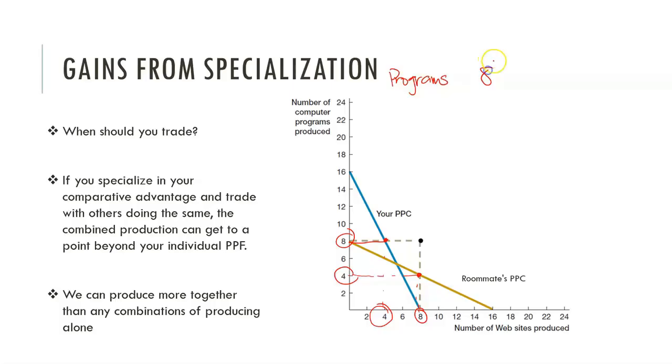So you produce 8, your roommate produces 4 programs, so combined you are producing 12. And websites, you are producing 4, your roommate is producing 8, so you're producing 12.